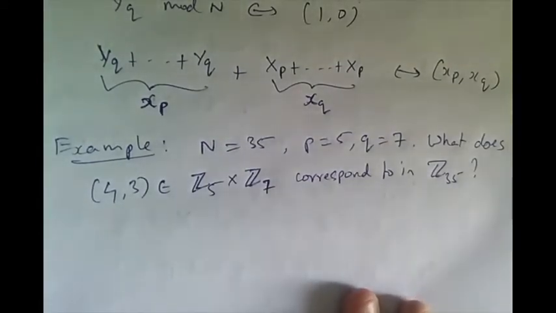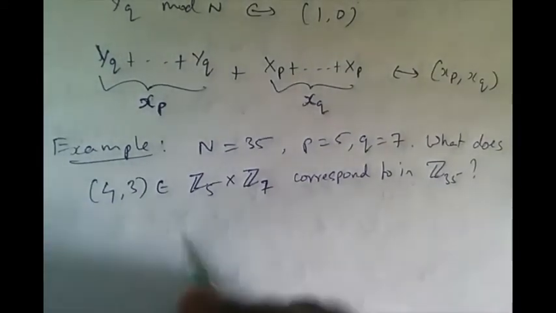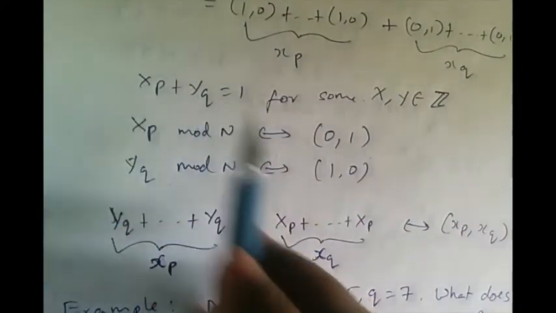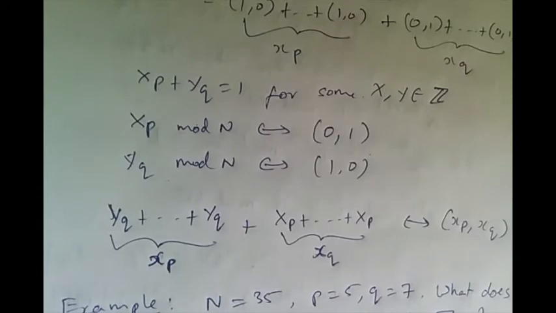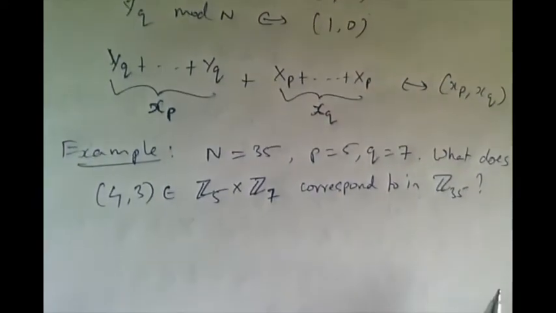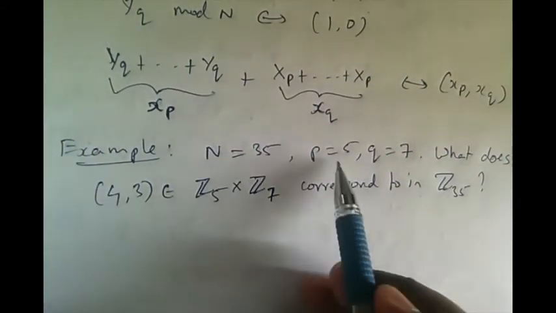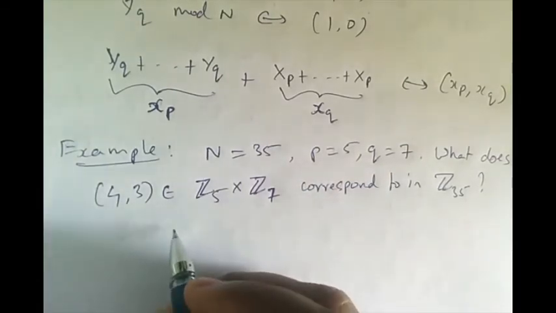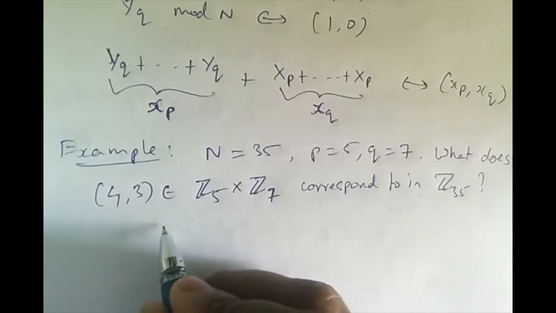Okay. So what's the first step? First I have to find this capital X and capital Y such that the integer linear combination of P and Q is 1. So here you have P is 5 and Q is 7. You can use the extended Euclidean algorithm, but here the numbers are small.